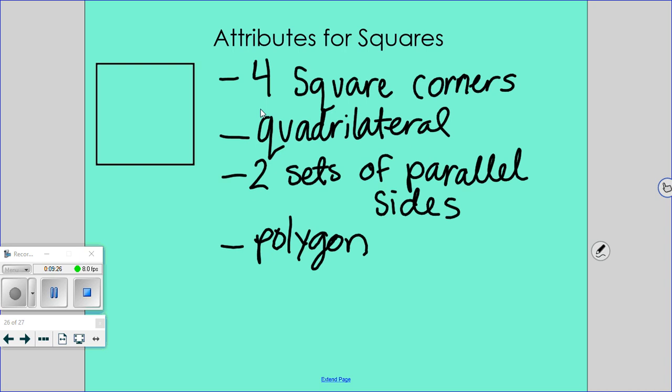What is the main, kind of obvious difference if I'm looking at a regular rectangle and a square? What do you think, Ashlyn? I think because a square is like not as long. You're close. Aiden, do you know what it is? The square has all sides the same length, all equal sides.